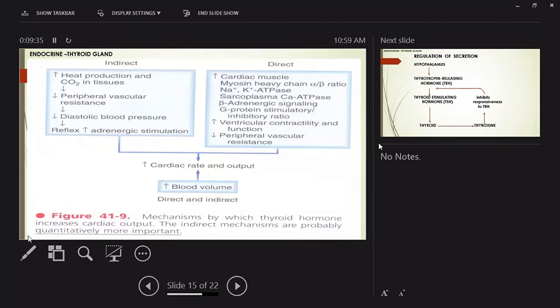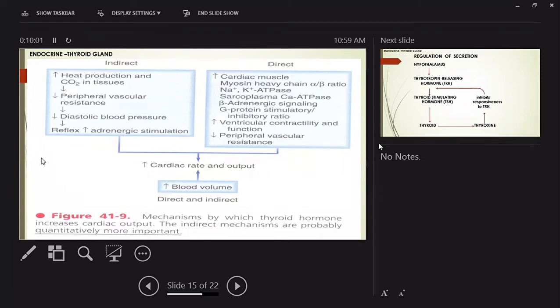This is the direct and indirect effect of thyroid hormone on cardiac output. The indirect effect probably is more important. The thyroid hormone increases heat production.